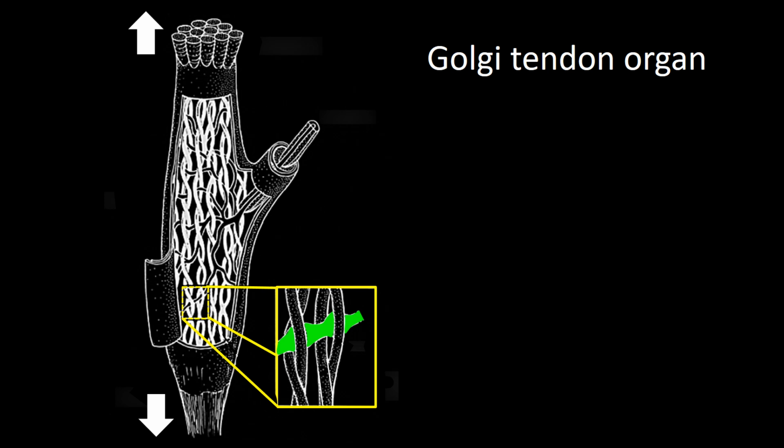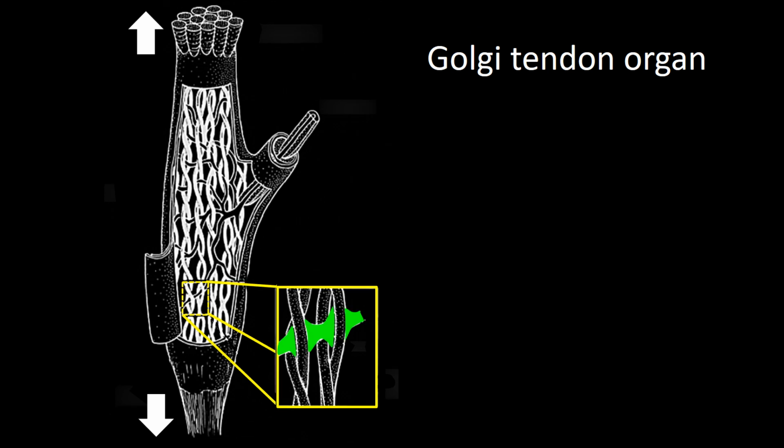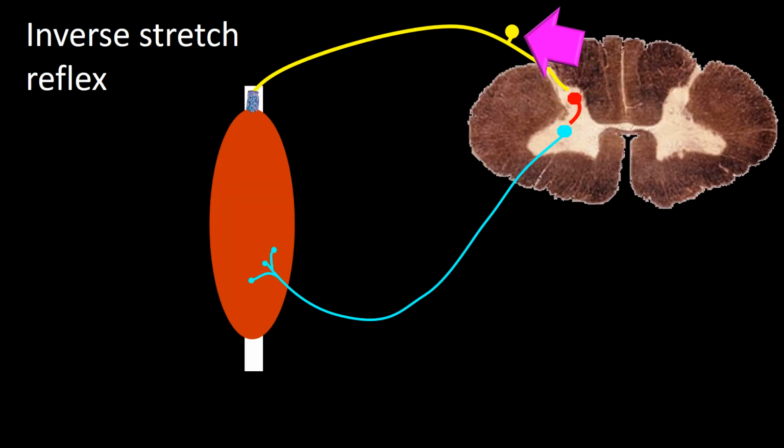Hence, when the GTO is stretched, as illustrated here, the holes between the strands of collagen narrow, compressing the nerve fibers, which send a signal that travels towards the dorsal root ganglia, enters the dorsal horn, and makes contact with an inhibitory interneuron, whose axon makes contact with the motor neuron innervating the muscle that the sensory signal originally came from.